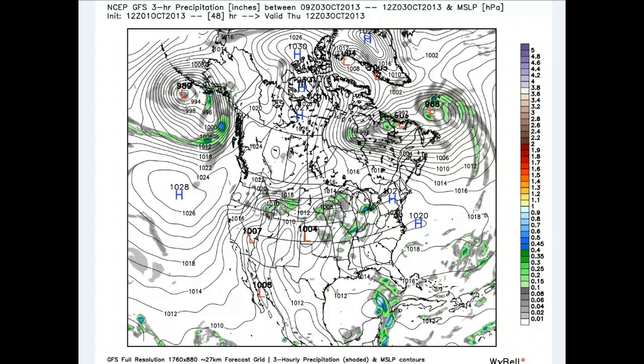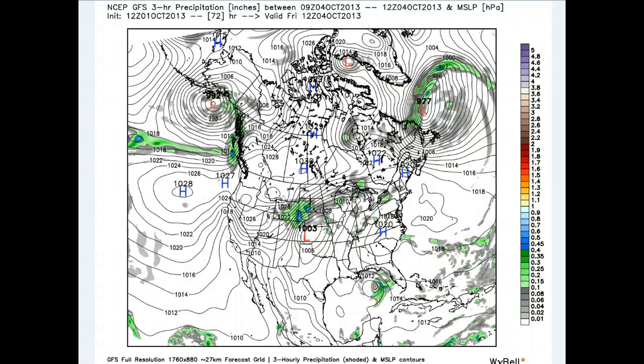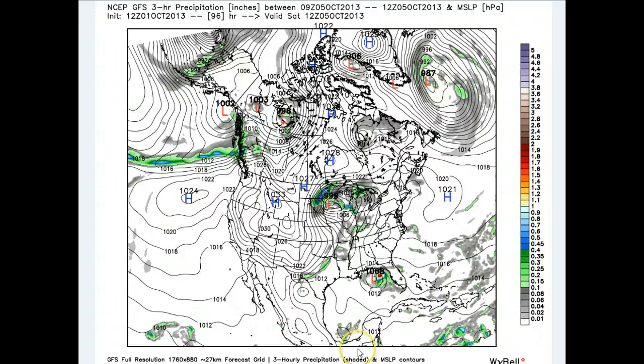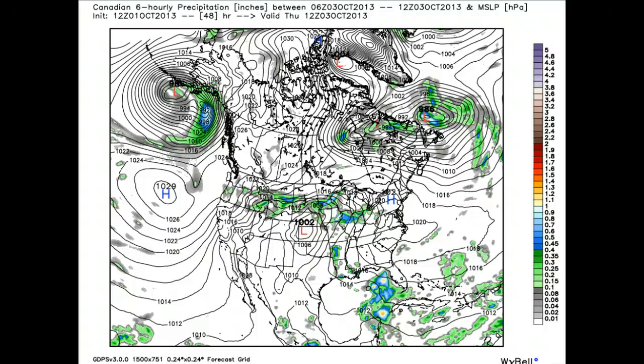Now here's our surface reflection of this system. This is back to the GFS now, and here's our low pressure system forming in the high plains. A little bit slow to move for the first few hours there, but then it starts really shooting out into the Midwest and occluding very quickly. Canadian, pretty much the same deal.